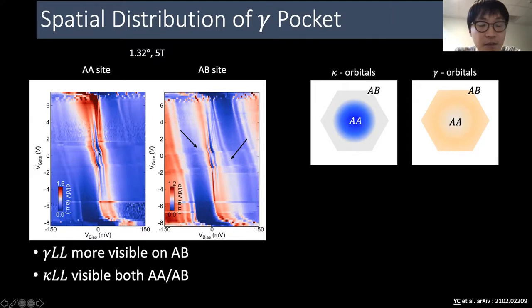On the other hand, the kappa Landau level is visible on both AA and AB sites. That is because gamma orbitals are spatially distributed and kappa orbitals are localized on the AA site. So these two, B field dependence and spatial dependence, justify that the central one is from the kappa point and the outer ones are from the gamma point.